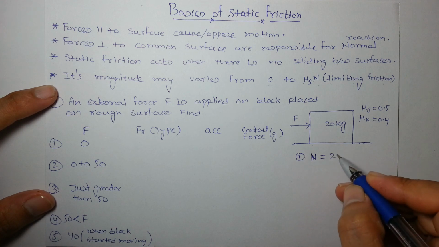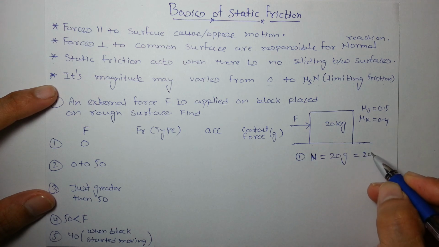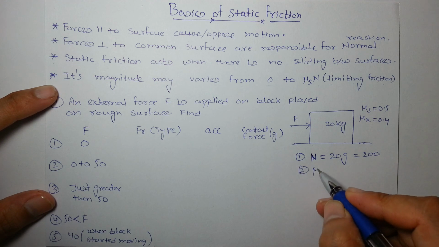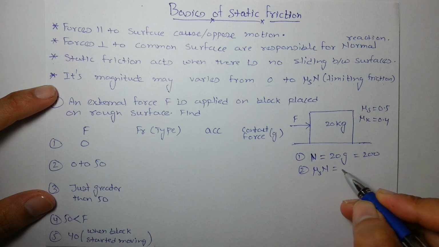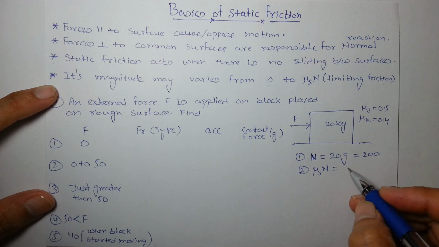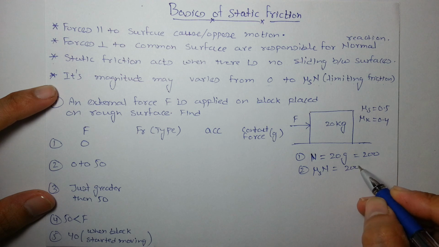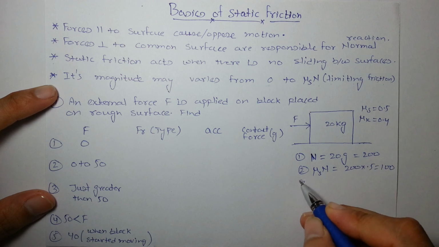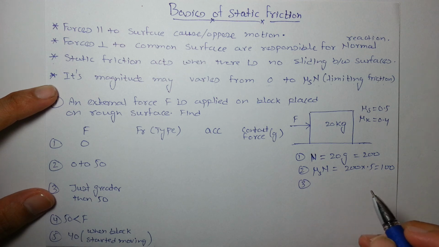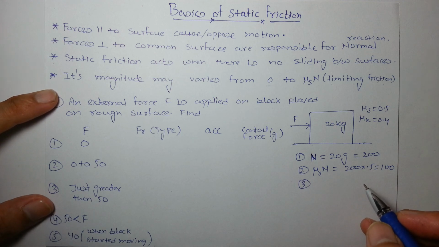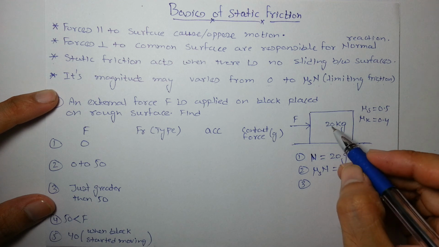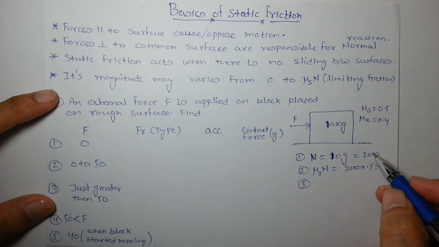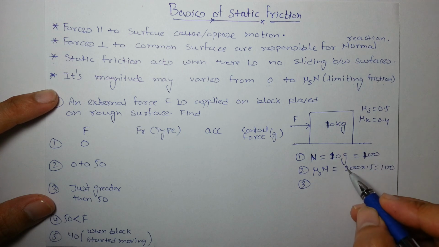Normal is nothing but 20 g, which is approximately 200 Newton. So maximum friction, the second thing, mu s N, which is how much? 200 into 0.5 is 100 Newton is the maximum friction. And yes, the block should be of 10 kg. Okay, so then only the question will be a decent one.